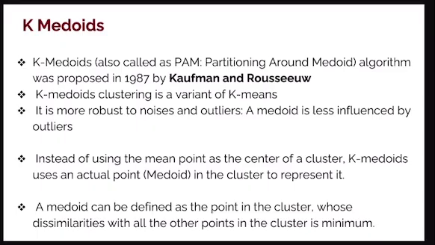Let me tell you this, K-means is highly sensitive to noise. When your data is noisy, because the K-means algorithm relies on the mean, and from a statistical perspective, the mean is sensitive to outliers and to noise in your data.